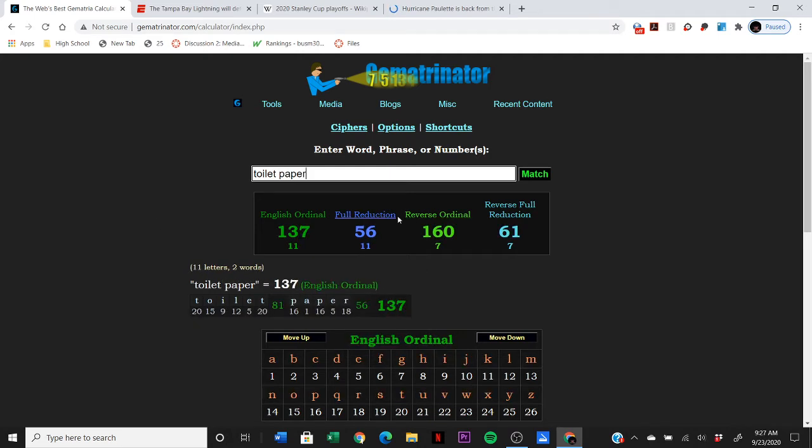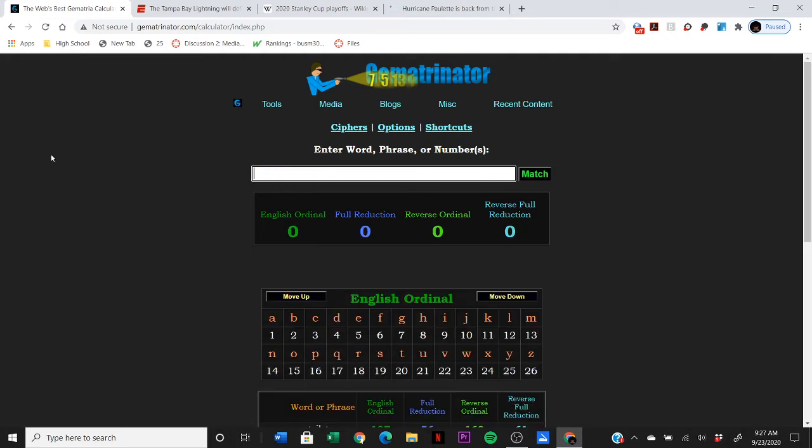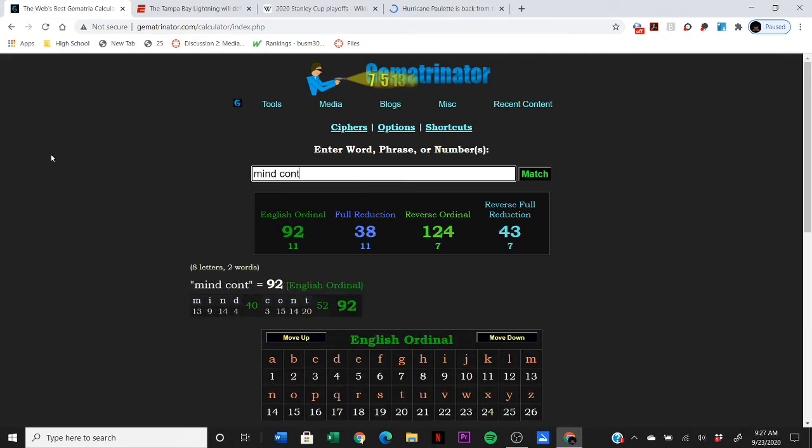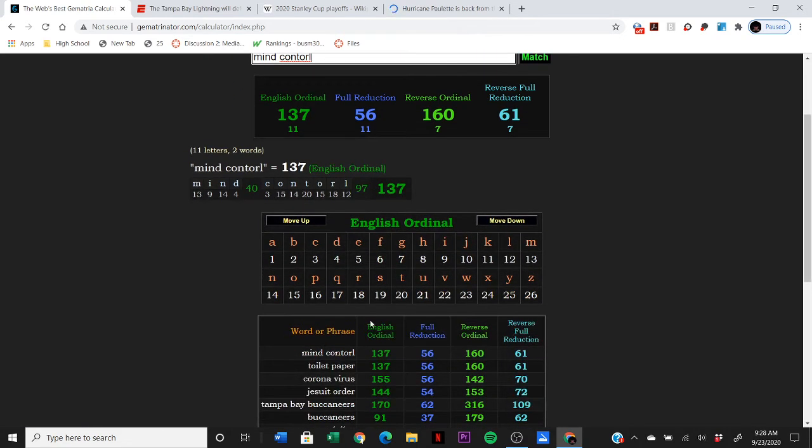Toilet paper is 56. Mind control is 56. It's also 137. Look at that perfect overlap of toilet paper and mind control. You see that? That's because that's what it was. It's just mind control. They're just telling you what to do. The television is telling you what to do, and you're just doing it.